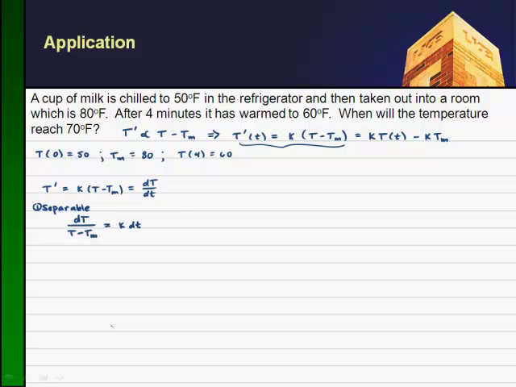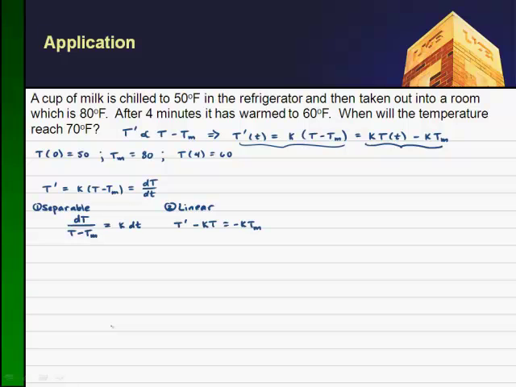But I want to go ahead and treat this as a linear problem, because I could write this as T prime, and if I bring the kT over, I get T prime minus kT is equal to negative kTm. And kTm is really just a constant, so it doesn't have to be a function of time.